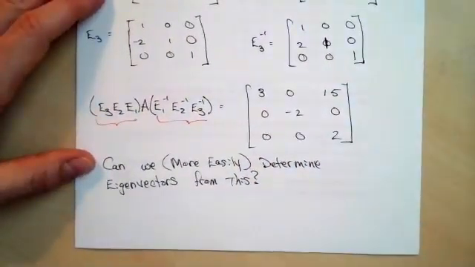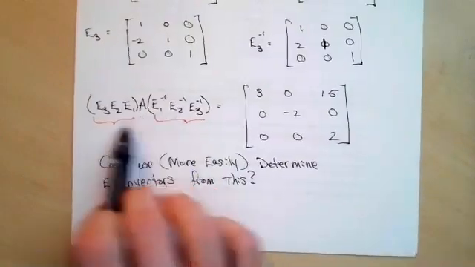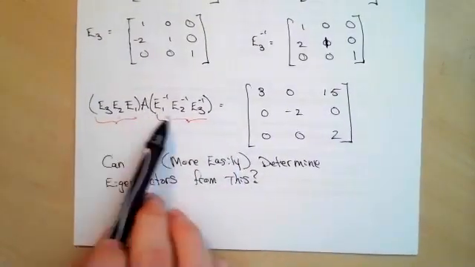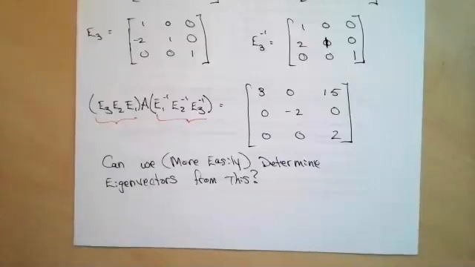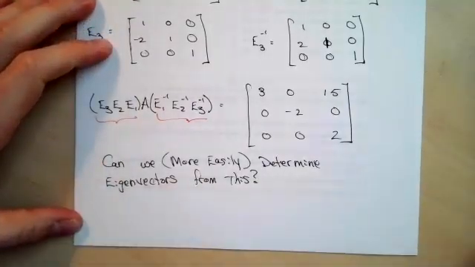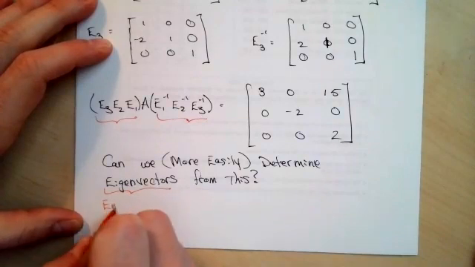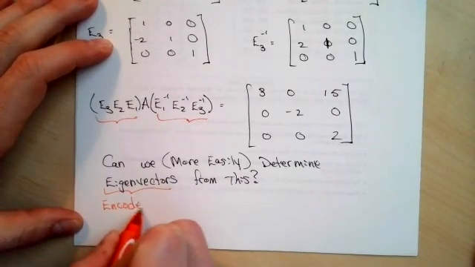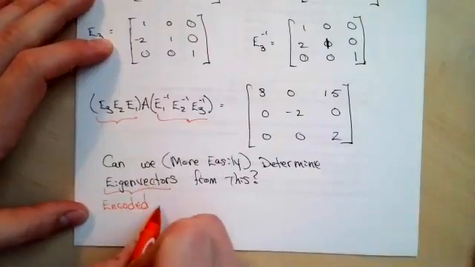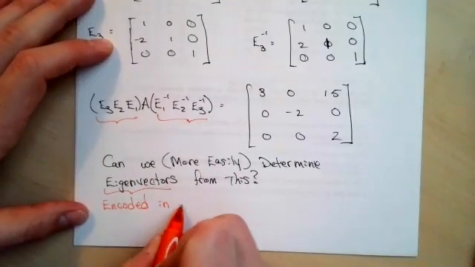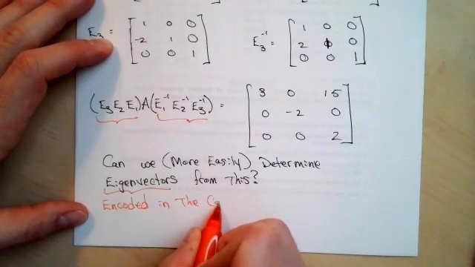What is the information of these matrix conjugations, and what is the net result of these conjugations? What sort of information is encoded in these operations? And I actually claim that the eigenvectors are what's encoded. So I'm going to say the eigenvectors are encoded in the conjugation.